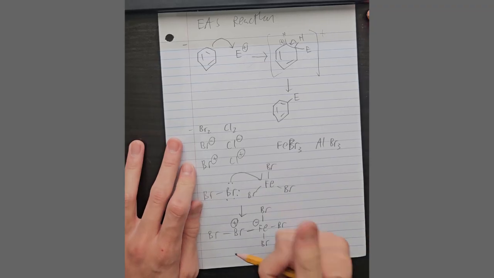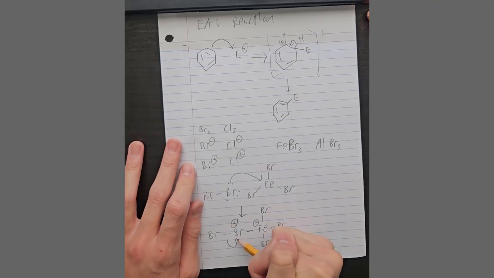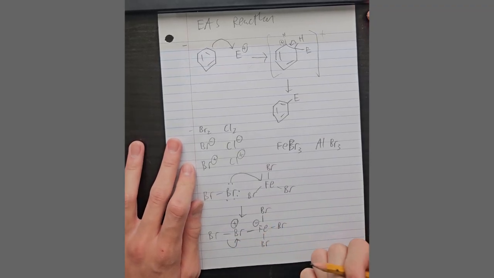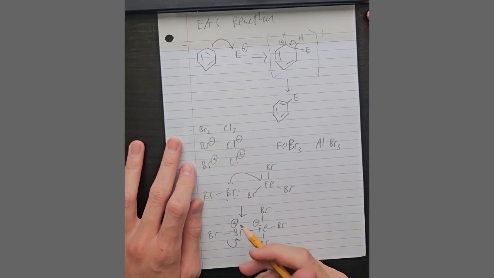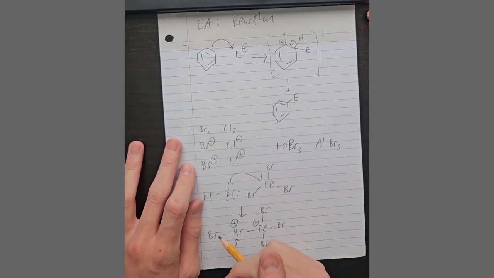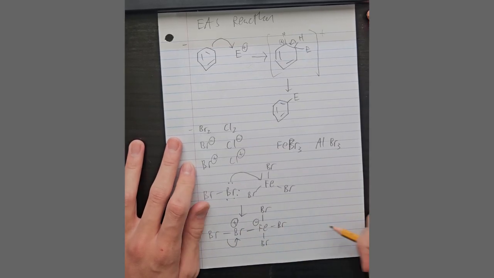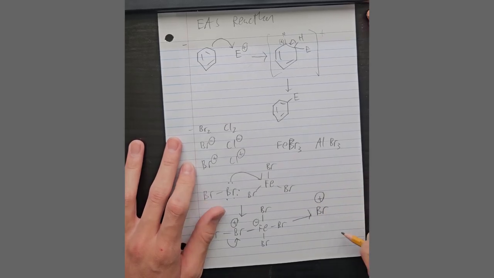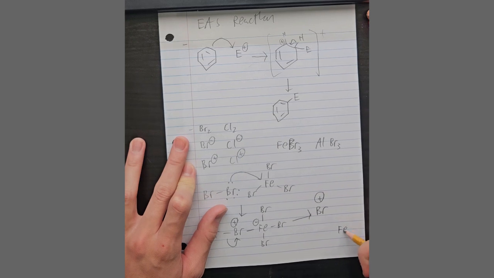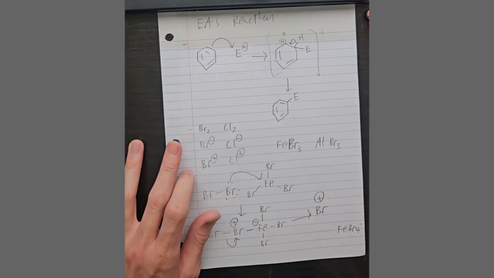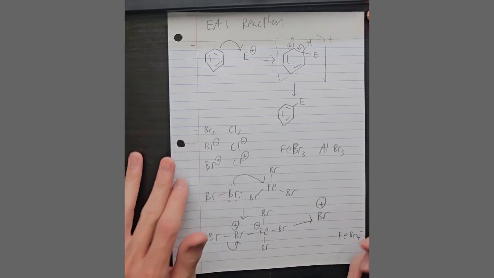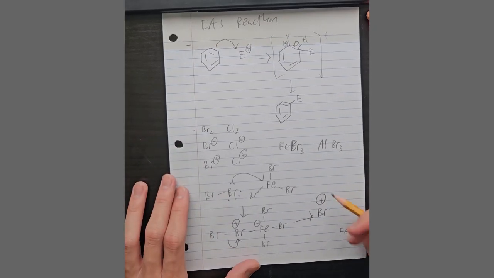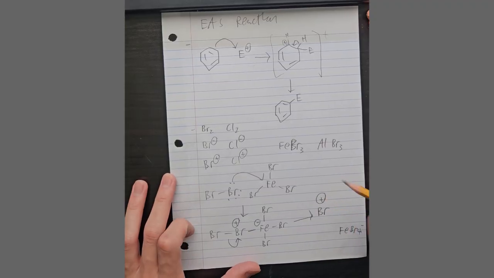And then from here, the electrons in this bromine-bromine bond are going to move over here, giving us the Br plus and FeBr4 minus. This is what we care about. And see from here, it's the positive ion, that's what we need.